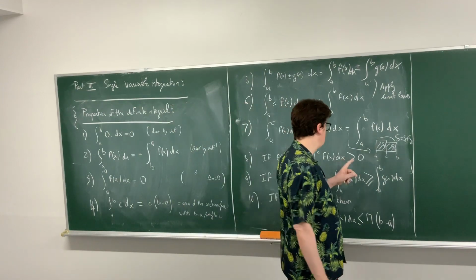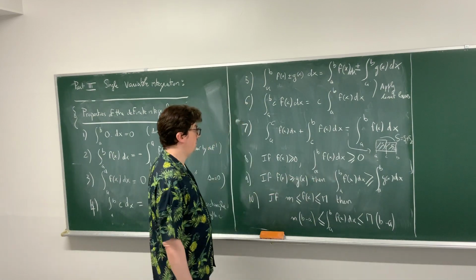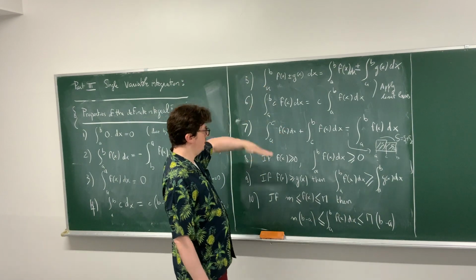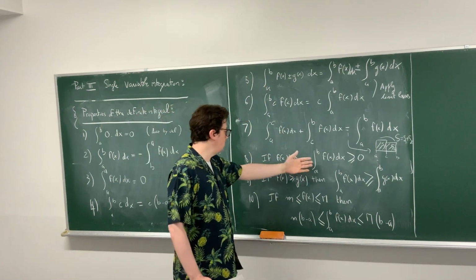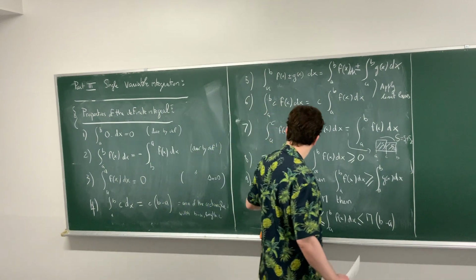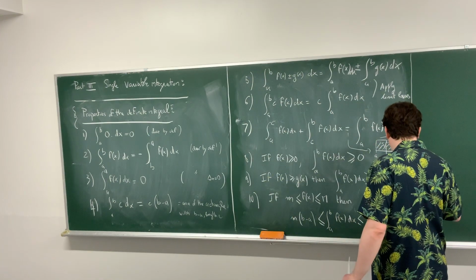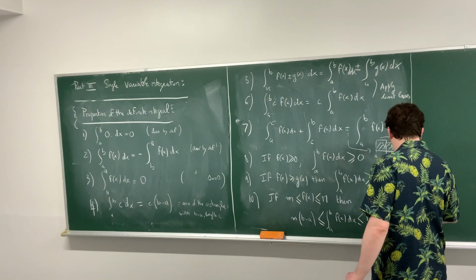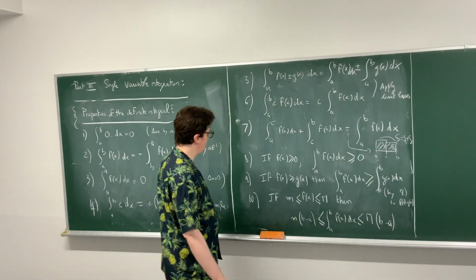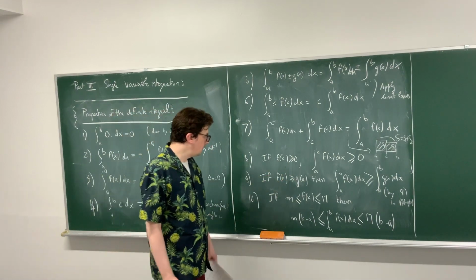Also here you can see the interpretation of the integral as the area of the region between the x-axis and the curve. So this is trivial. And for this one, you apply 8 to the function f of x minus g of x, and you get immediately the result.